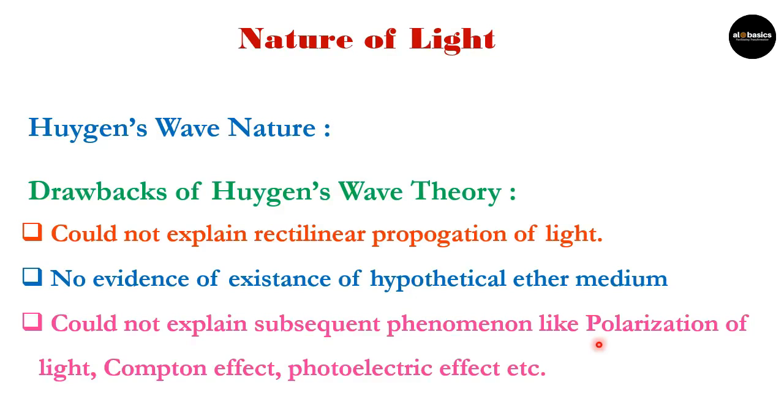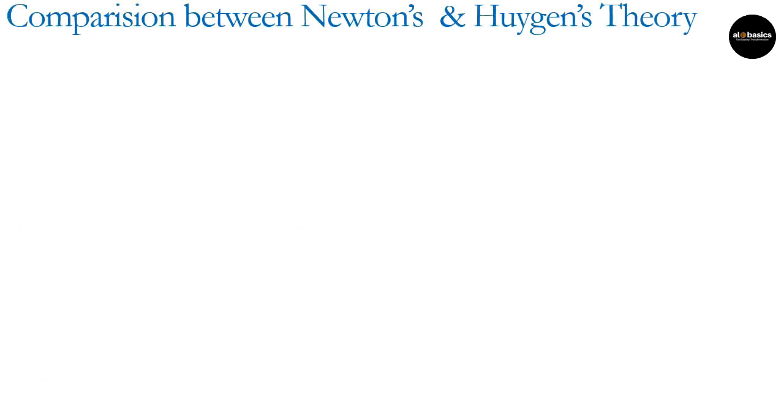So polarization could not be explained on the basis of wave nature. At the same time, Compton effect and photoelectric effect, these two effects were also not explained on the basis of wave nature of light. So this is about Huygens' wave nature's assumptions and drawbacks.